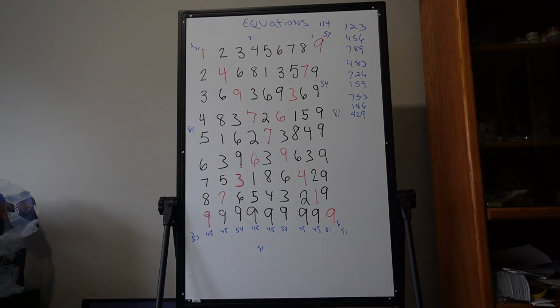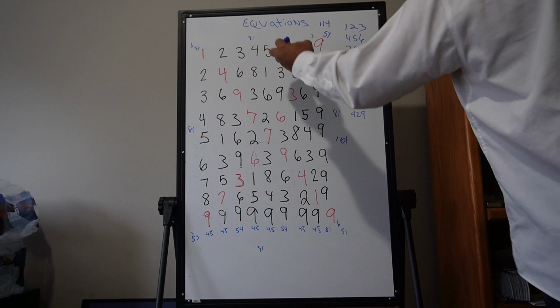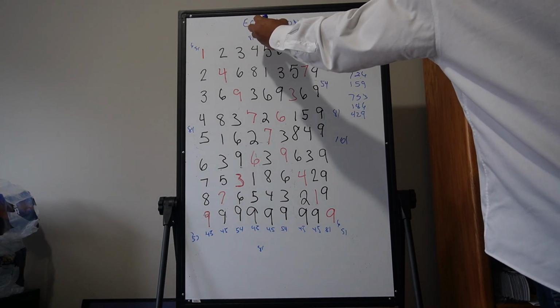For instance, if you take these numbers that are in black here, and add from here to here, like this pyramid shape and this angle here, you get 101. Let me put that up here. So 101 here, and 78 here.